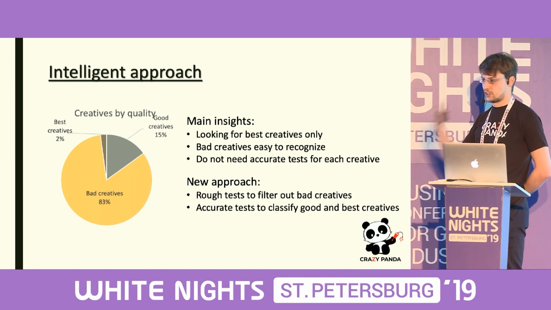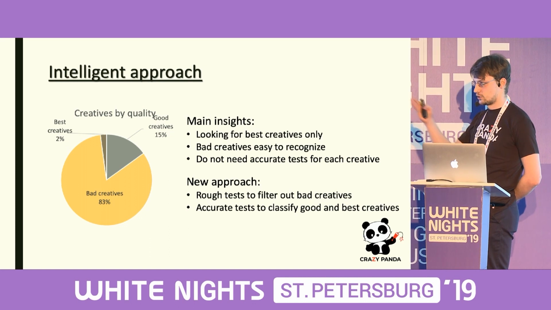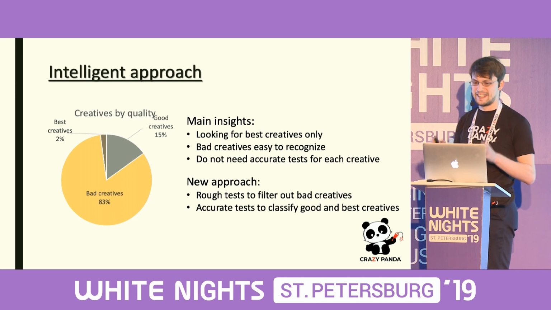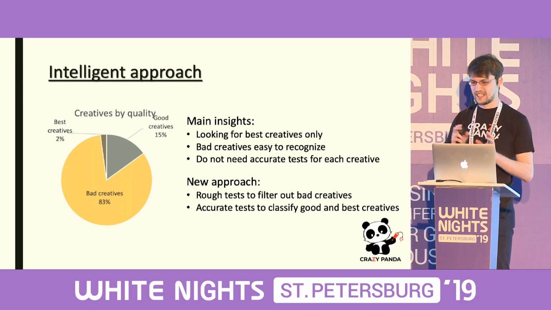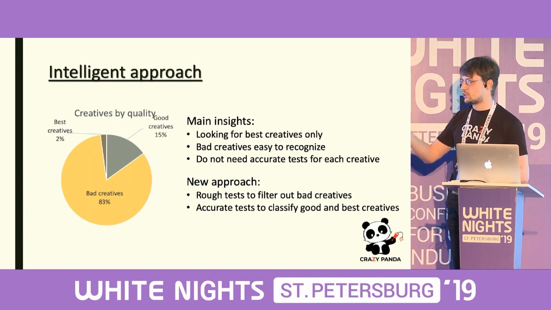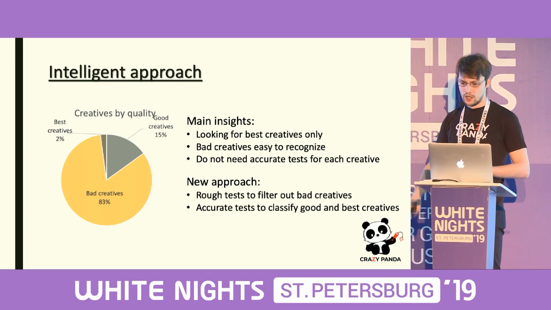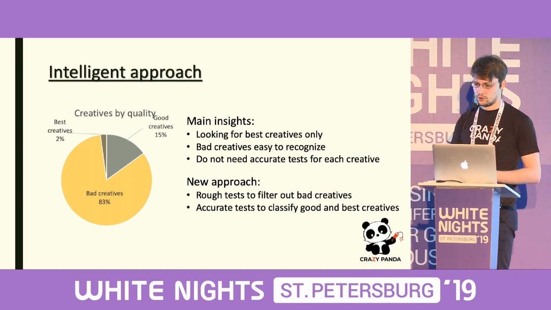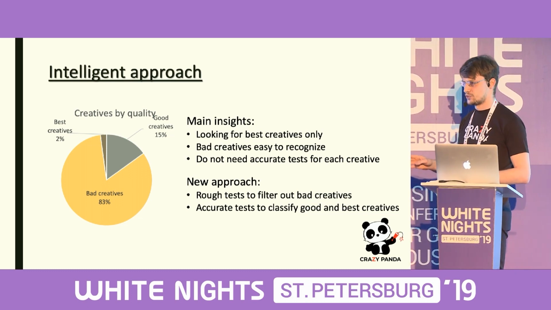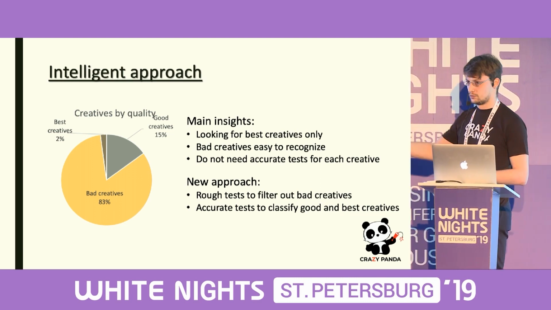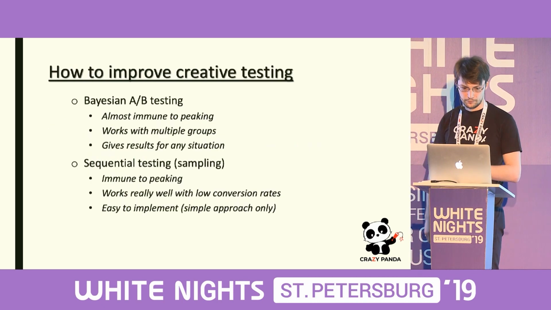They will cost about 10 times less, and we can go after that and see what creatives can be, not are, but can be good ones. And then we will do accurate tests to classify good creatives and best creatives. It will save us about $1,500 per test. So, well, the price will be quite affordable now.